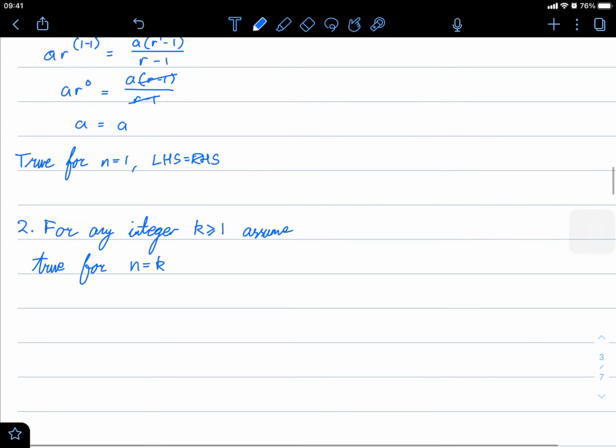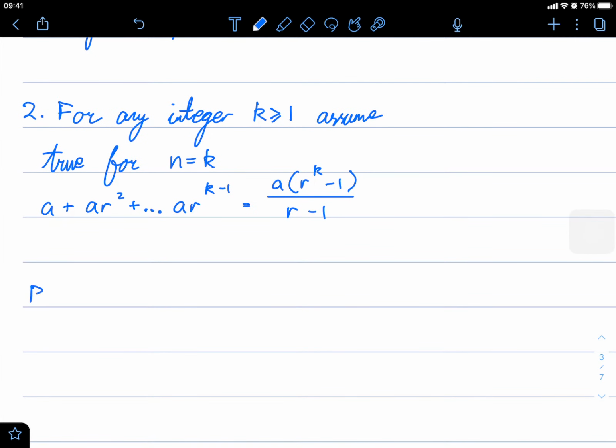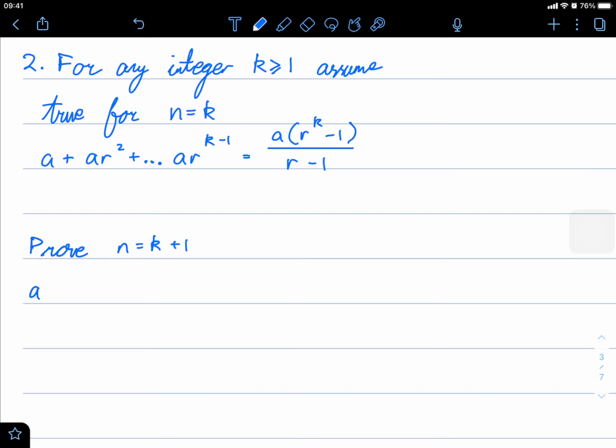So then it'll become the original statement, a plus ar plus ar squared plus dot dot dot ar to the power of k minus 1 is equal to a times r to the power of k minus 1 all over r minus 1. Now what we need to work on is to prove n equals k plus 1. So a plus ar plus dot dot dot ar to the power of k plus 1 minus 1.